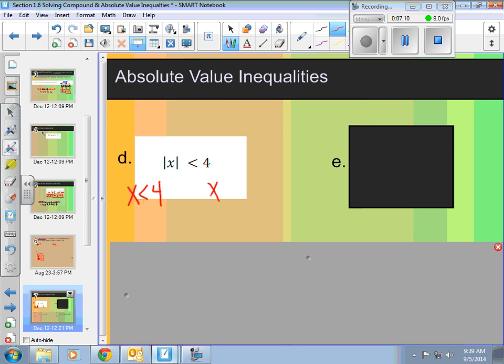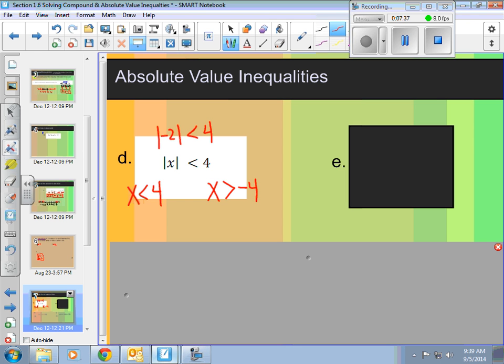So if I think about numbers greater than negative 4, if I have negative 3, the absolute value of negative 3 is 3, and is 3 less than 4? Yes. So I would also want to have x's that are greater than negative 4. Once again, to plug in an example, the absolute value of negative 2. Is that less than 4?